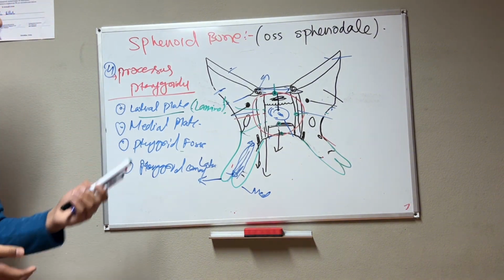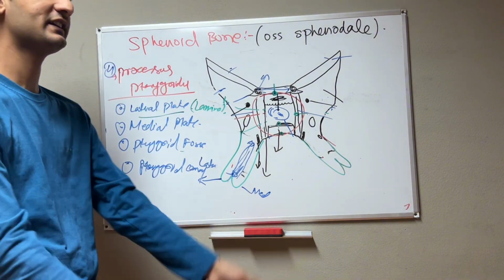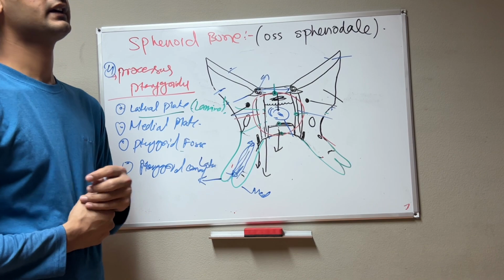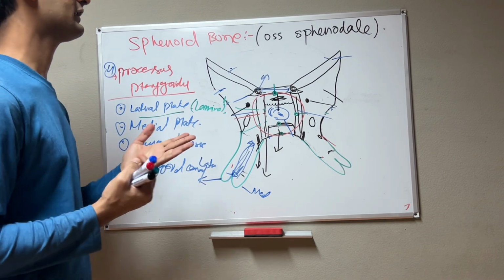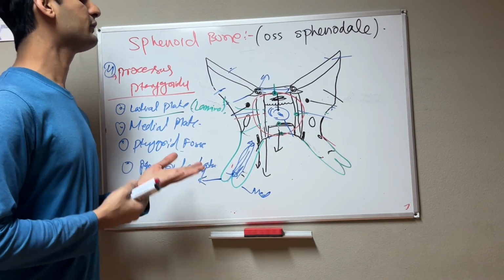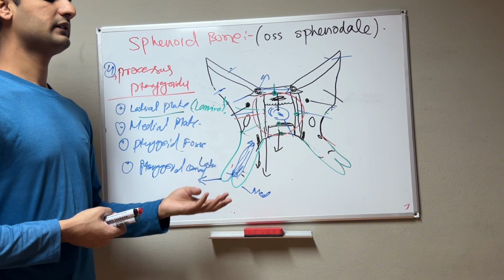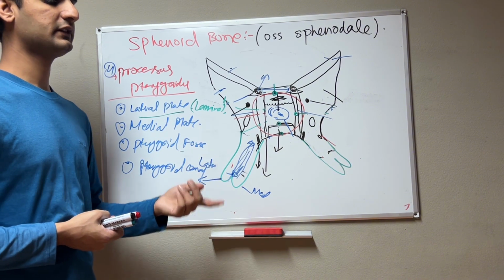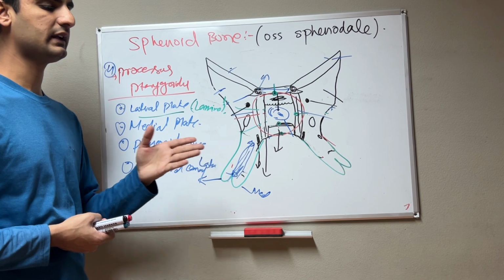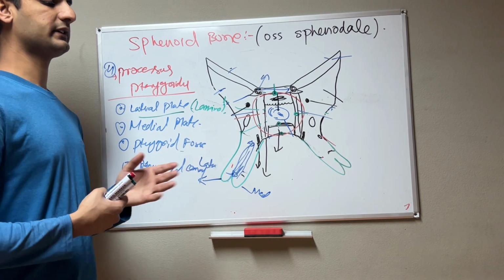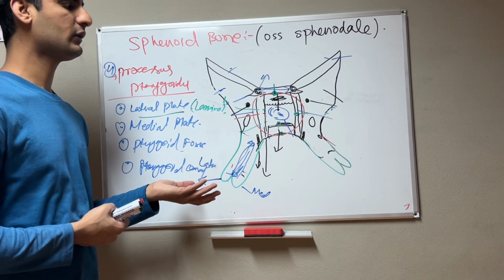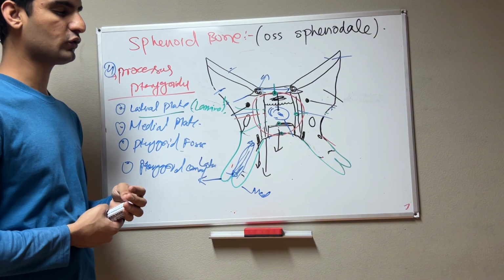This is the sphenoid bone, which I told you is very easy to understand. Your concept will become clear very easily. We discussed four parts. The body has six surfaces: superior, inferior, anterior, posterior, and two lateral surfaces. In the lesser wing we have the optic canal and optic sulcus.